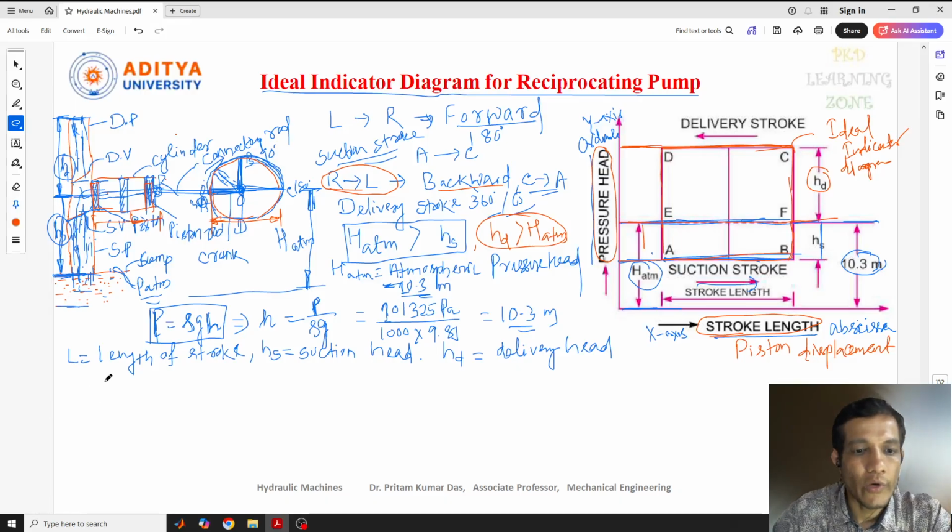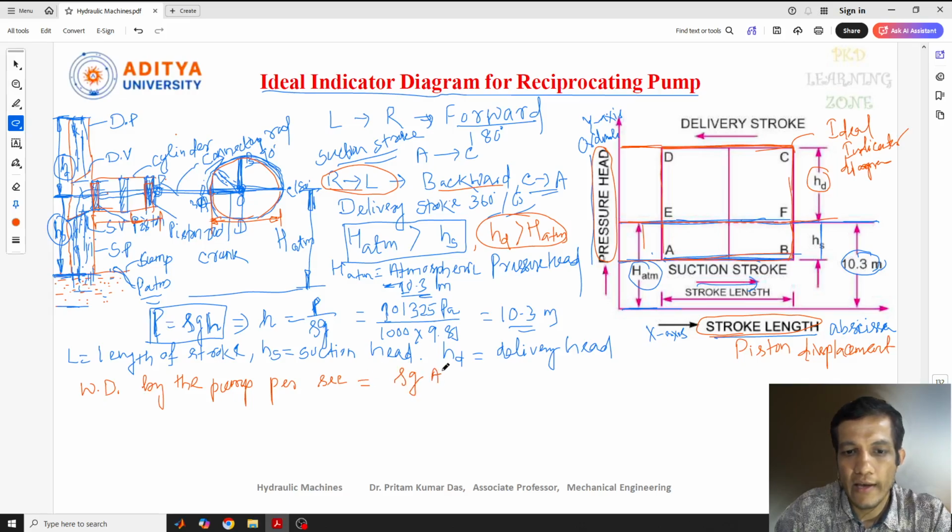So we know that the work done by the pump per second, I can write the formula: that is nothing but rho G A L N by 60, which we have taken for the single acting reciprocating pump, into HS plus HD, both are there.